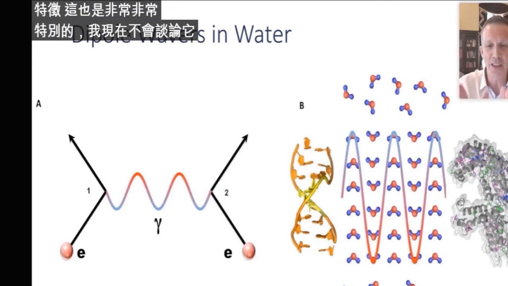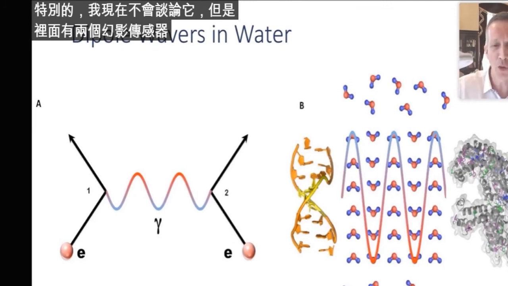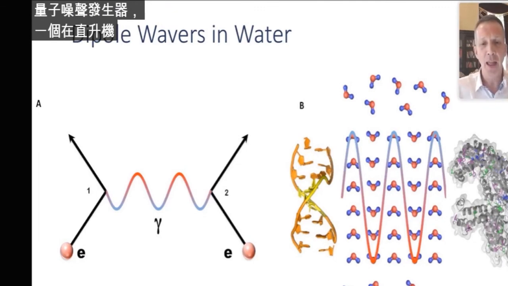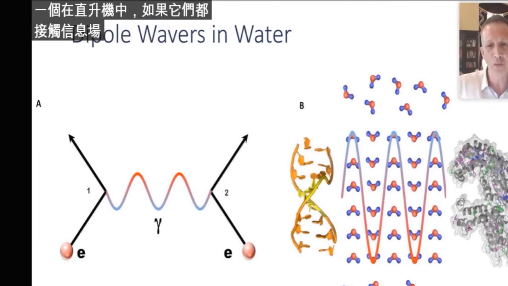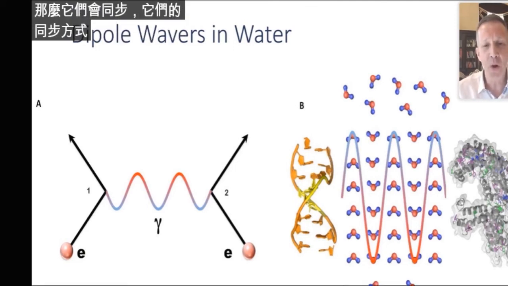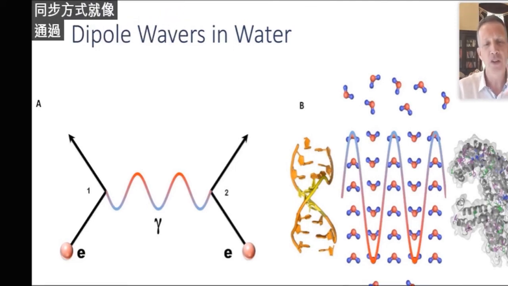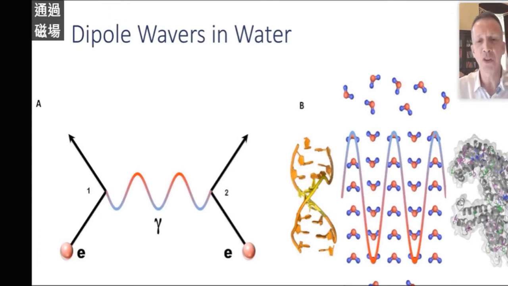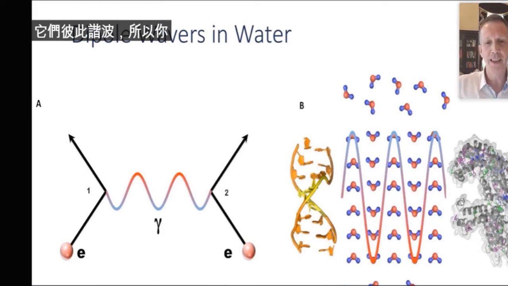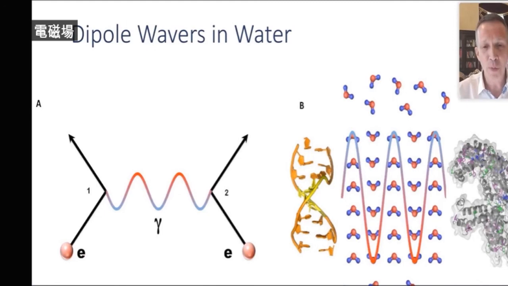I will not talk about it now, but there are 2 quantum noise generators here inside and 1 in the Healy. And if they both contact the information field, then they're synchronizing. They're synchronizing in the way that the frequencies which come through the magnetic field and which come through the electrical currents through your body are not separate anymore, but they are harmonic to each other, so that you are actually in a harmonic electromagnetic field. So much for now.